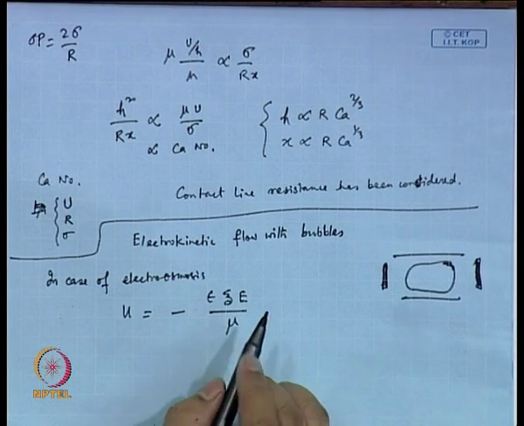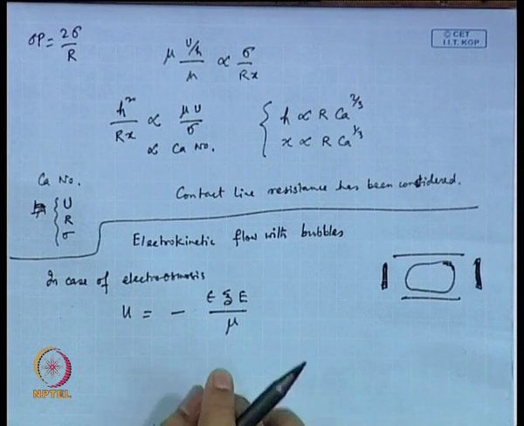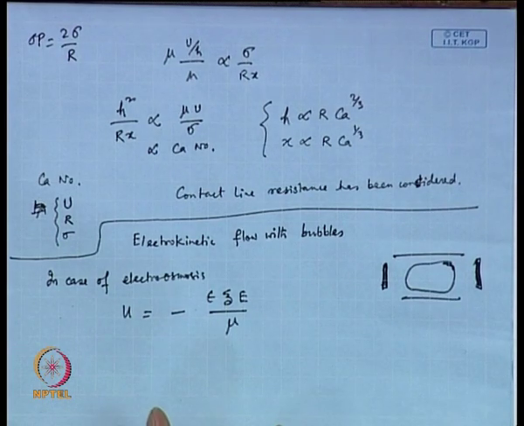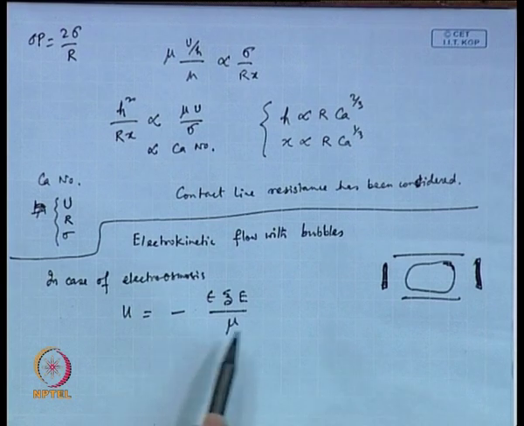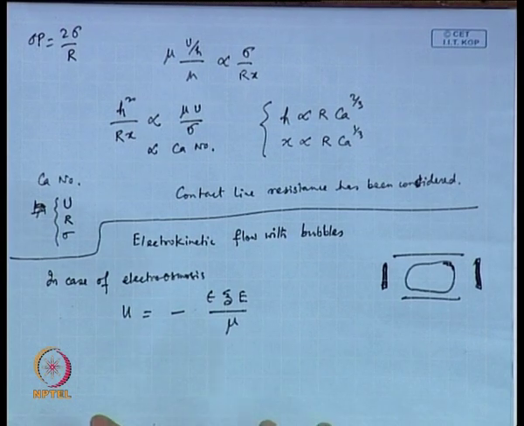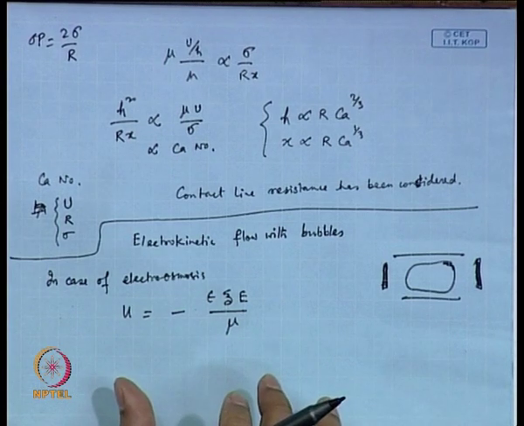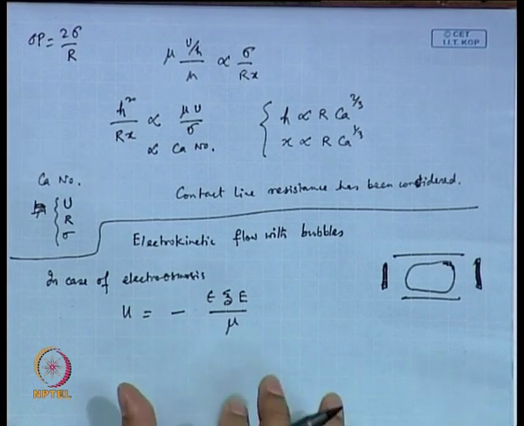This is called the electroosmotic velocity. We derived this expression for velocity some time back, in an earlier part of the lecture series. This defines the velocity under electroosmotic flow.